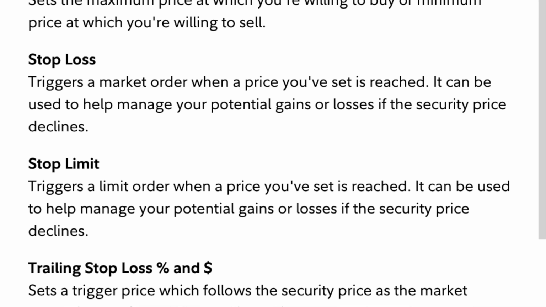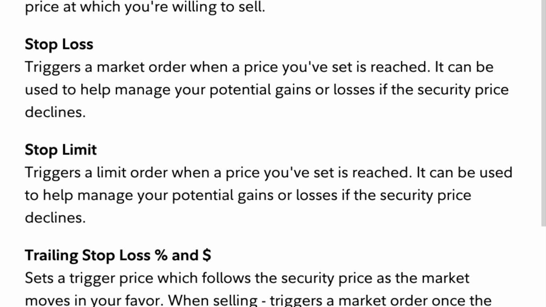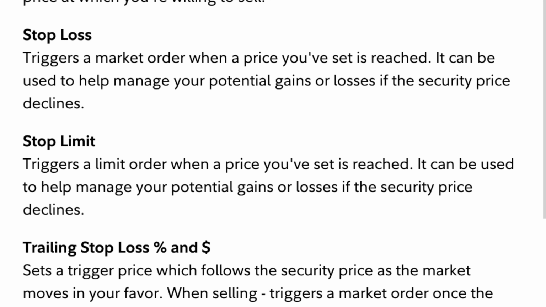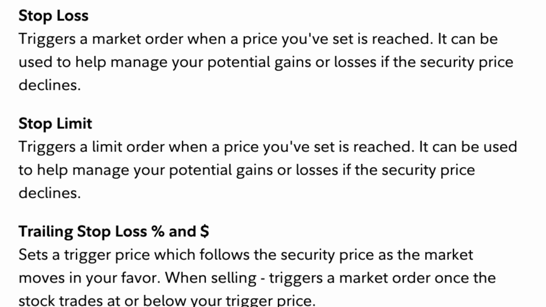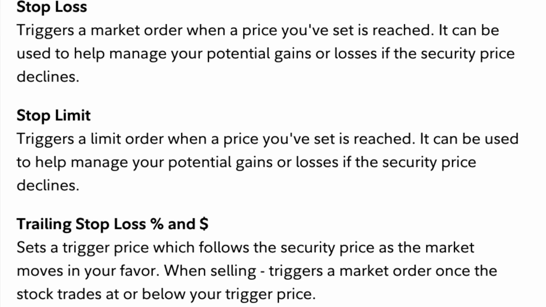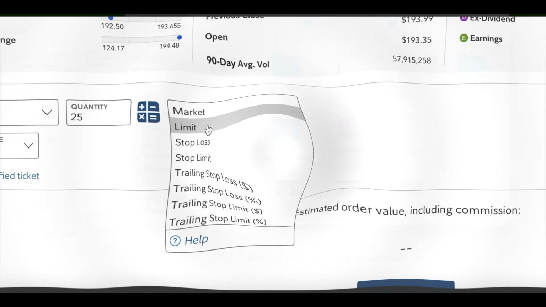Fidelity also offers trailing stop losses. A trailing stop loss is a market order that sets a stop loss at a specific point. It could either be a percentage or a dollar amount below the stock's current market price. So those are the basic order types that Fidelity offers.